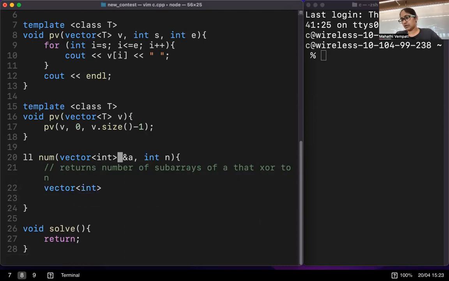Oh, let's not use N because the number of something will be N.